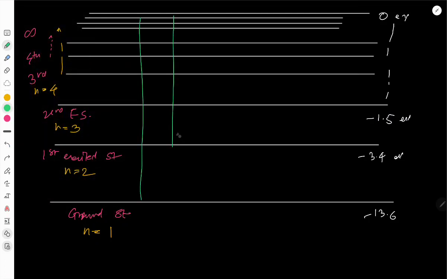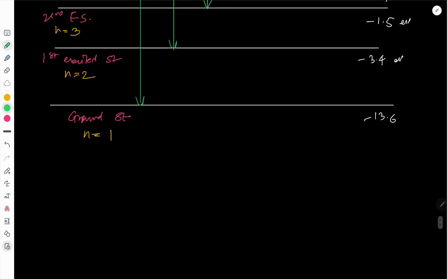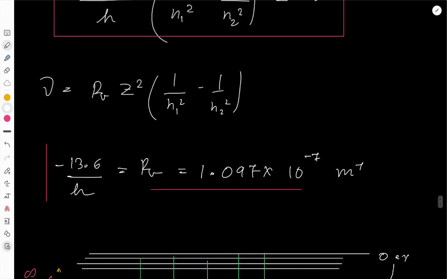Over here 2, 3, 4, then each and every type of photon would emit a different color of light, and this was discovered before Bohr's atomic model, but now that we are studying it after Bohr's atomic model, we are getting a clear and concise understanding of it. And another thing to note is 1 upon Rydberg's constant is 911 angstrom.